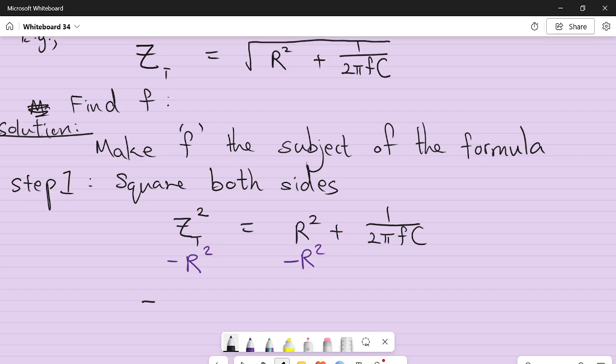Now the terms are going to this side. Did we not just say Pythagoras? If you're looking for the shorter side, you have to subtract, right? So now I've got this. This is where people get stuck. They don't know how to do the next bit. How do you get rid of 1 over? What is the maths called to get rid of a reciprocal?